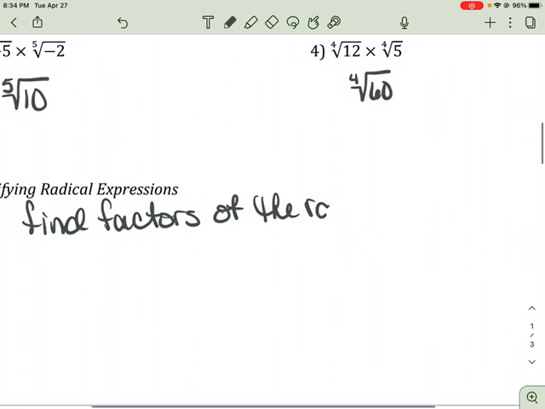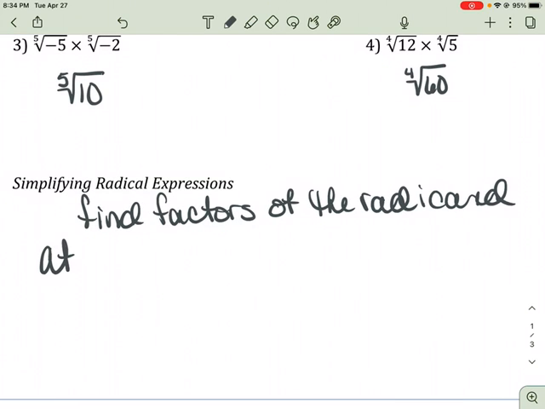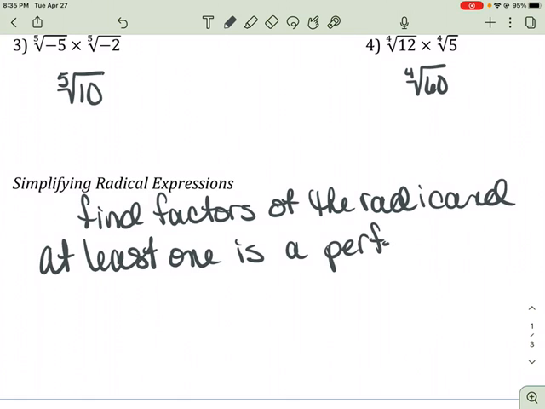Now remember, the radicand is the number underneath, where at least one is what I would refer to as a perfect.